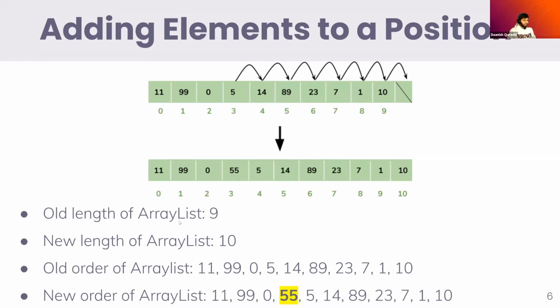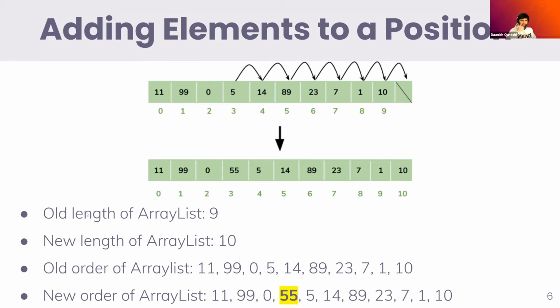So I'll visualize this a little bit better here. Here we have the old length of the array list is 9, right? Well, length is actually 10, but there are 9 indexes, so we'll say 9 indexes. And the new is 11 positions, but 10 indexes. So these are in terms of indexes. Keep that in mind.